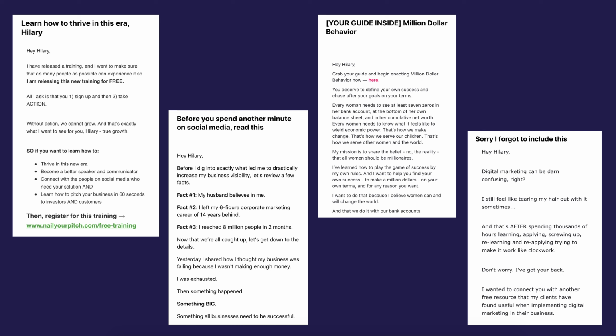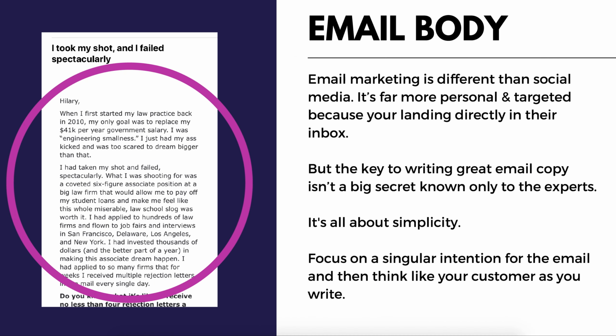And then one that I just thought was kind of funny on the right side. "Sorry, I forgot to include this." It's kind of a funny approach, but I like it because it's personable. And it also, to me, alludes to the fact that there's actually something really productive coming on the other side of that headline. So just note, there's lots of ways you can craft these, and we're going to talk about how to do it and to really get one that works for you. Now, the other part of these emails is the body itself.